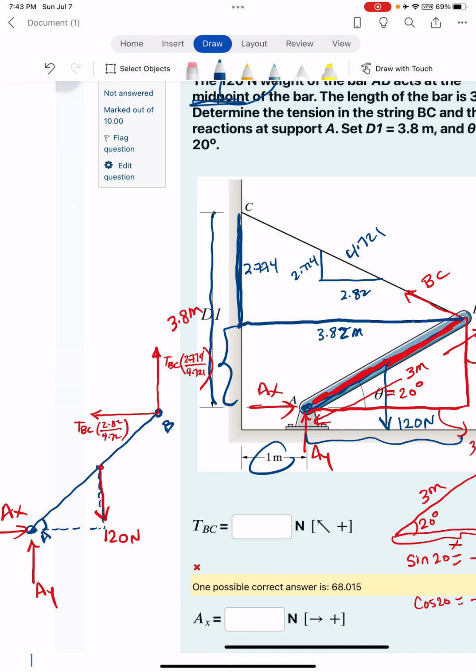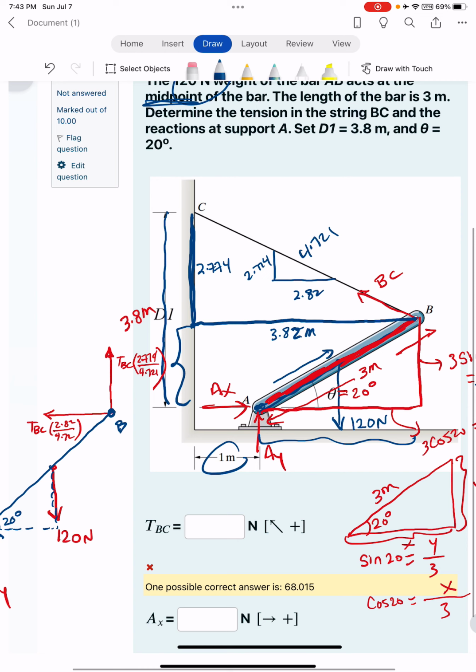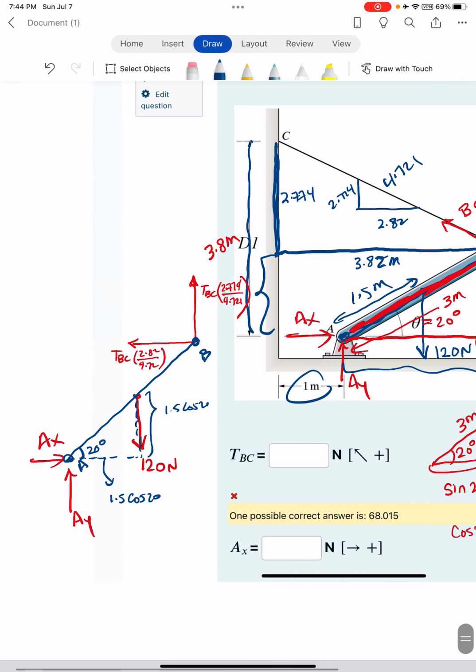And this is 20 degrees. And he said that it is at the center, so this is going to be 1.5 meter. So since we have an angle, this is 1.5 cosine 20. Let's do moment at A.